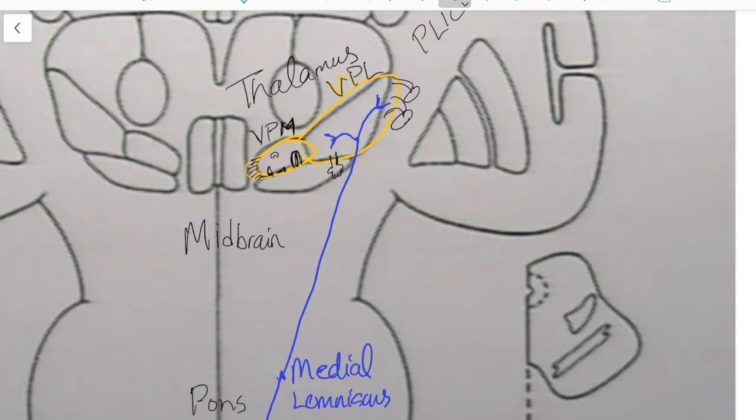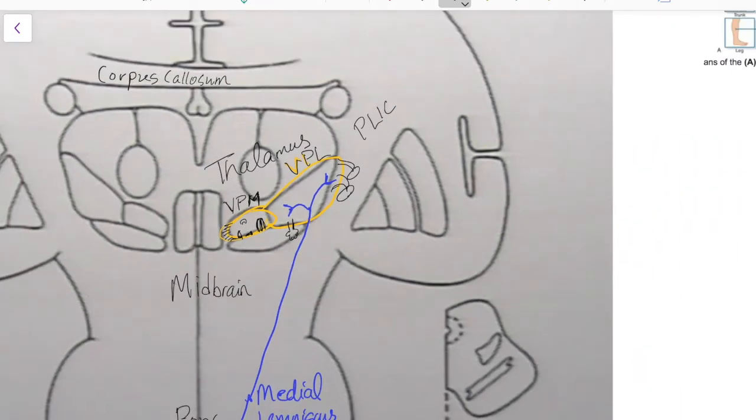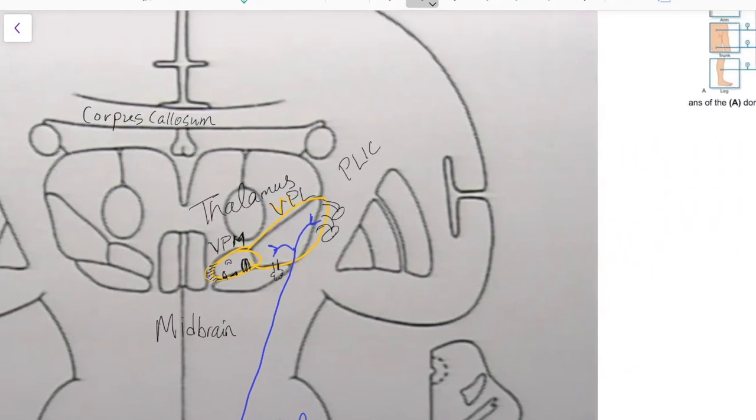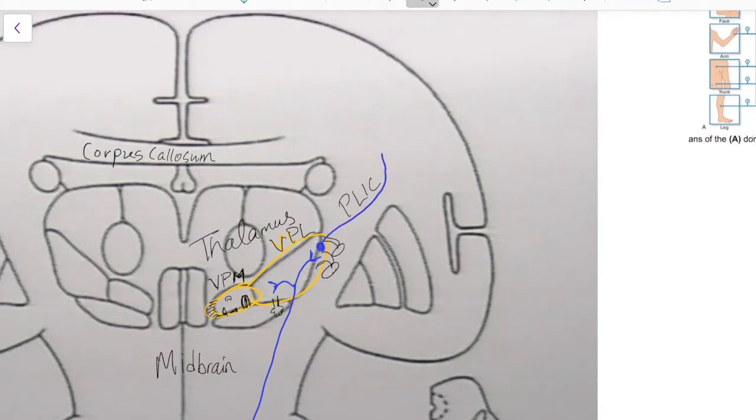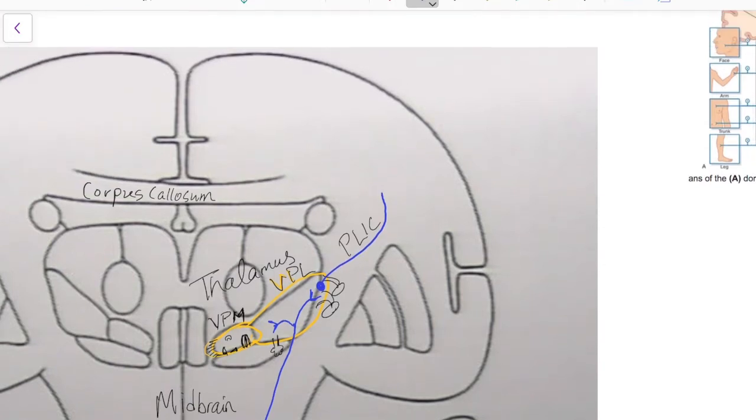So it has to follow the same homunculus here in the thalamus, as well as when it follows in the cerebral cortex. From here, it will synapse in the thalamus, travel through the PLIC, which is for everything, and it will go depending where the homunculus is in our body, right?